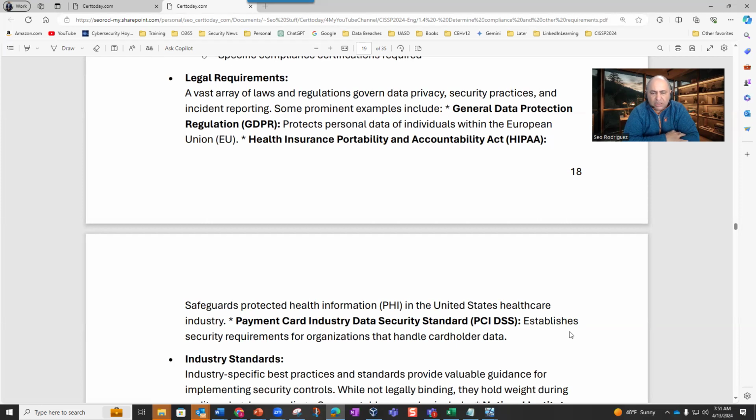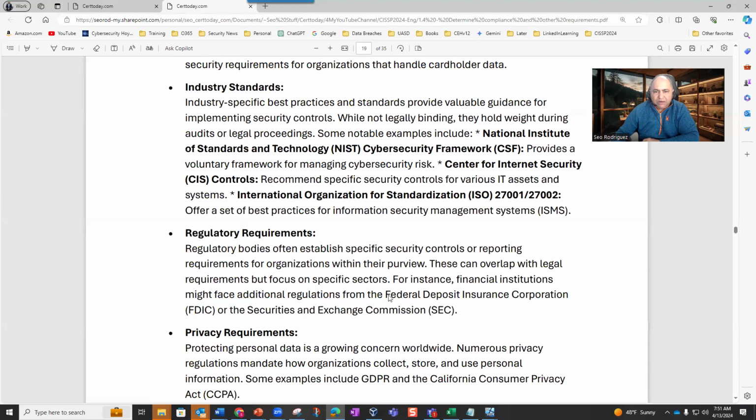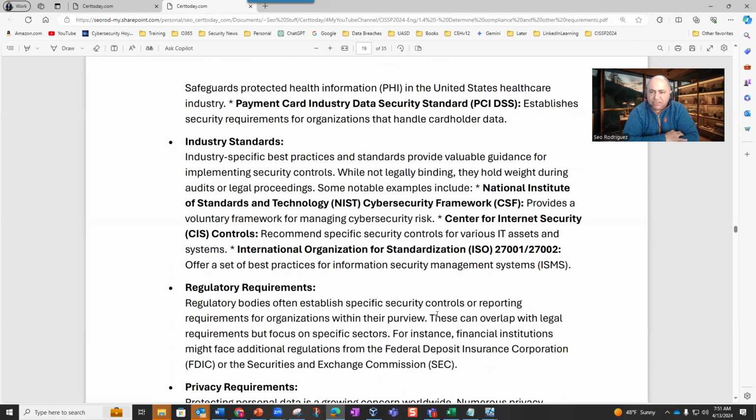We will talk more about this during this class. The Health Insurance Portability and Accountability Act, or HIPAA, which safeguards protected health information, PHI, in the United States healthcare industry. The Payment Card Industry Data Security Standard, or PCI DSS, which establishes security requirements for organizations to handle cardholder data.